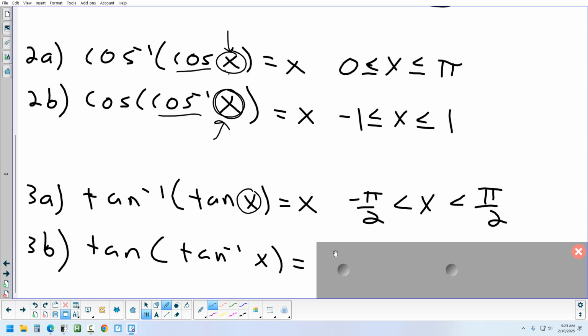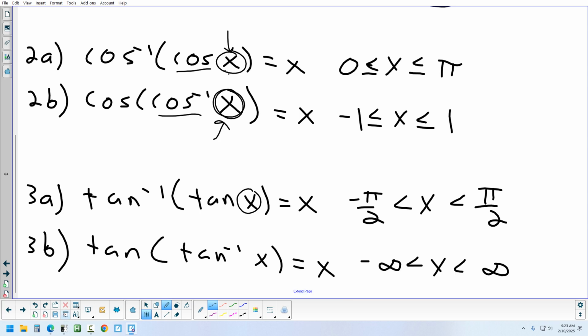And now, for the last formula, tangent and inverse tangent will cancel each other out. You'll get back whatever you typed in to start with, as long as x is between, what do you think x has to be between here? Negative infinity and infinity.